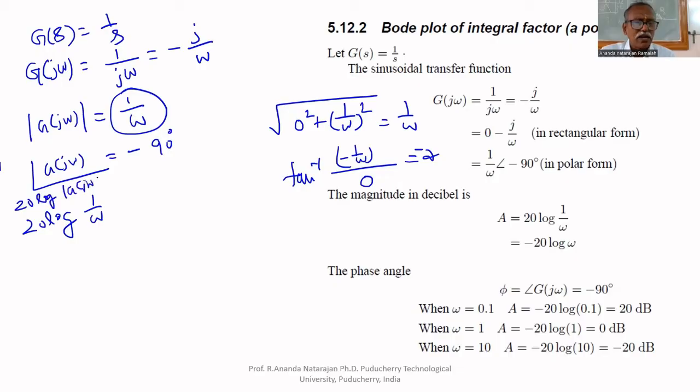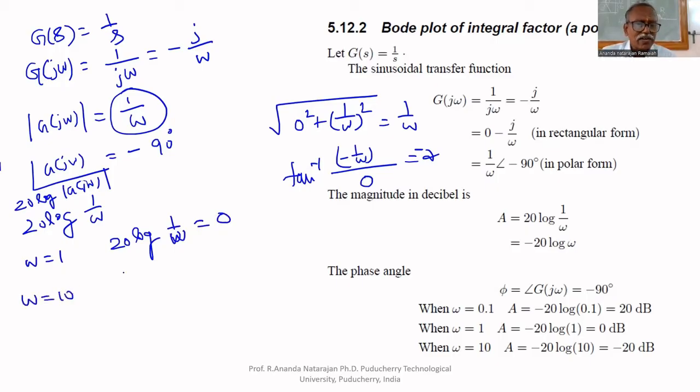Modulus of G of j omega equals 20 log 1 by omega. When omega equals 1, you will get 0. When omega equals 1, 20 log 1 by omega equals 0, because 20 log 1 equals 0.